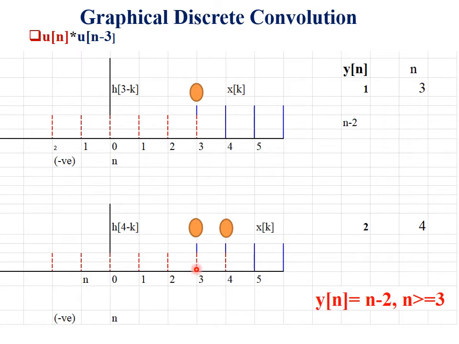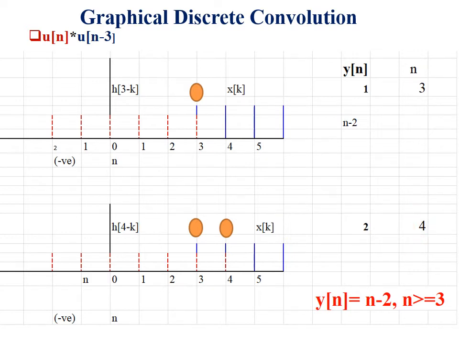So it is going to be at 4 and 3, we are going to get a product, which means we have w4 of k and we have w3 of k, and as has been mentioned in our previous case, w of k is going to be the summation of w3 of k and w4 of k. Thereby this is going to be 1, this is also going to be 1. So the sum of these two is going to be 2 at 4.